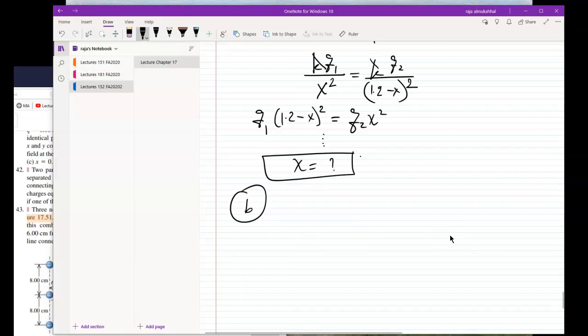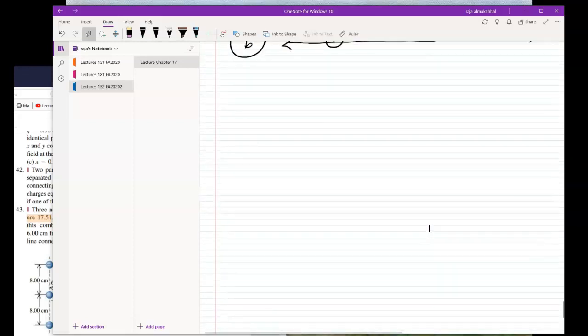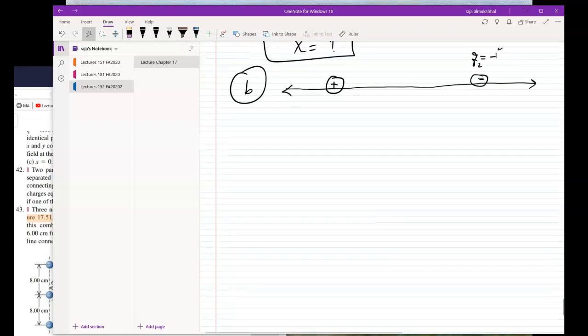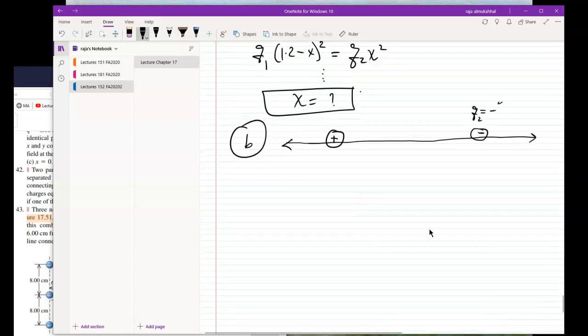Let's assume this is the Cartesian x-axis, and this is positive and this is negative, where the negative is Q2, equal to negative 8 nanocoulomb. And Q1 is equal to 0.5 nanocoulomb.